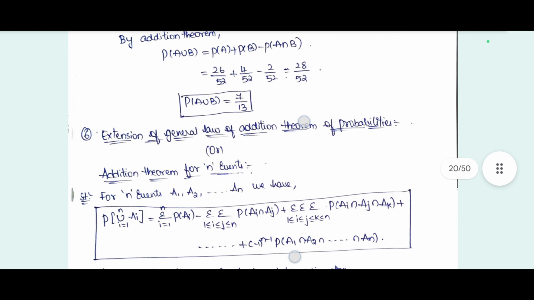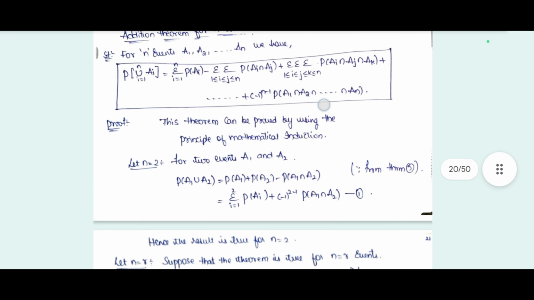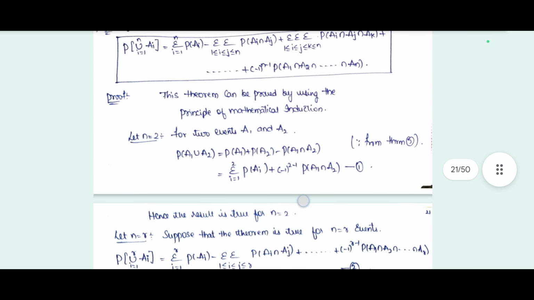Next, the addition theorem of probability.